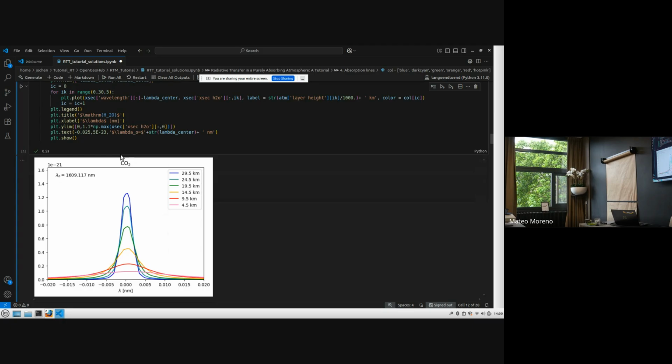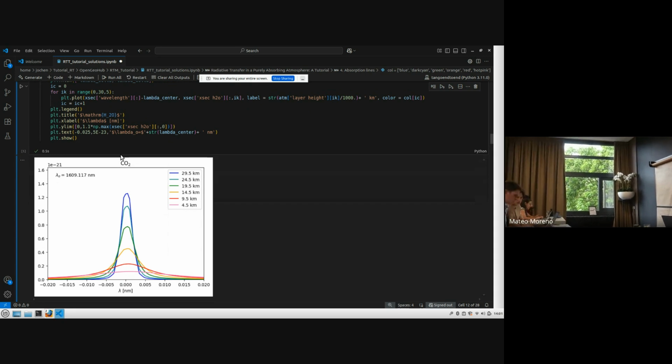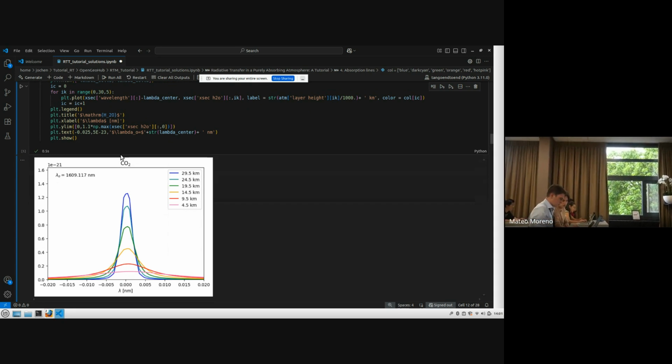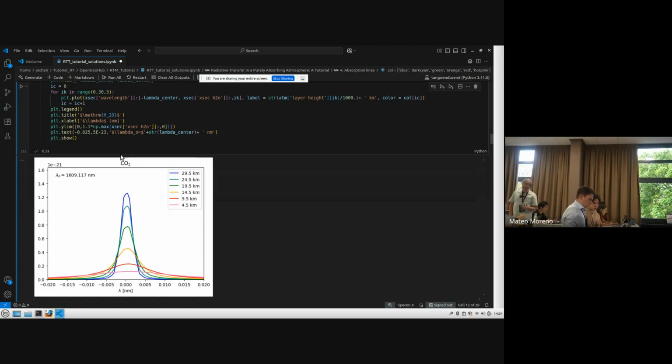I want to ask how do I interpret this cross section? So you mentioned it's kind of the wavelength information. That is the wavelength information, and that is, you may say, the probability that light is absorbed at that wavelength, the probability of light that can be absorbed by the CO2 molecule.